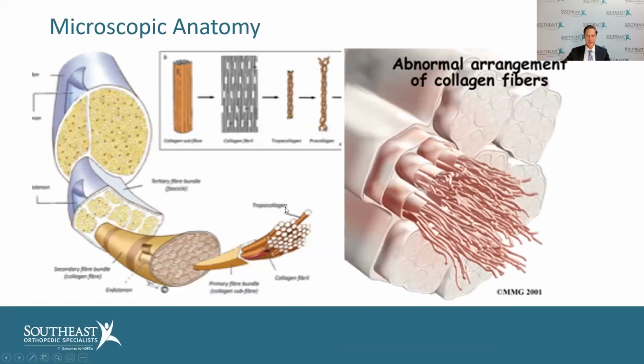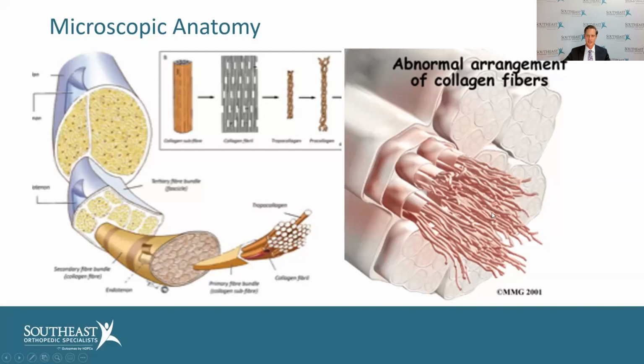If we look now at the microscopic anatomy, on the left is basically the way a tendon is made up. You've got a big tendon, and then there are sub-tendon portions, and then these become fibers. In a normal healthy tendon, you can see these as being straight aligned.